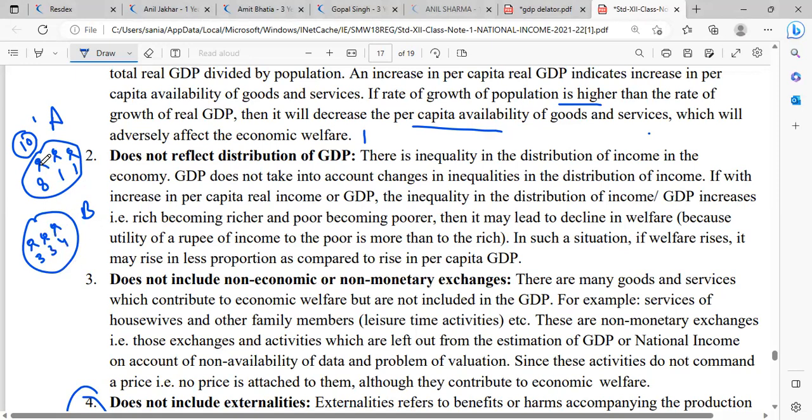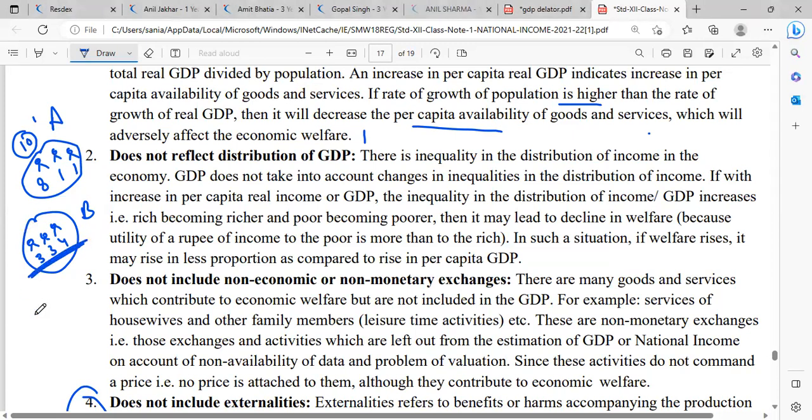So where will you get to know that there is equity, in A or B? In B. Okay. What about Ritika? Ma'am, B, because over here everyone is earning almost equal.